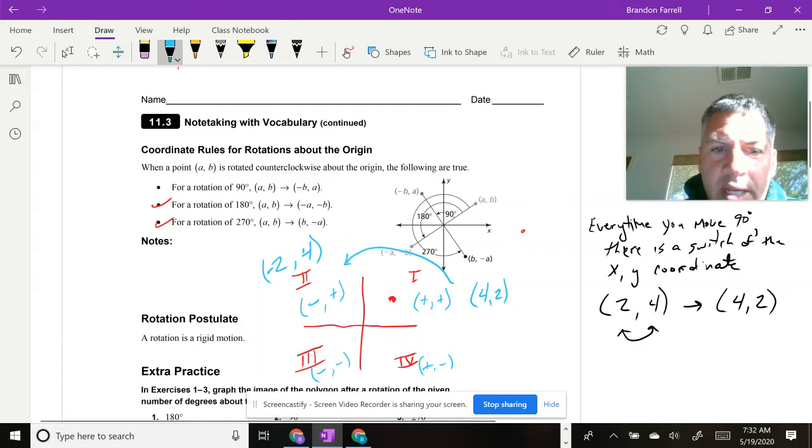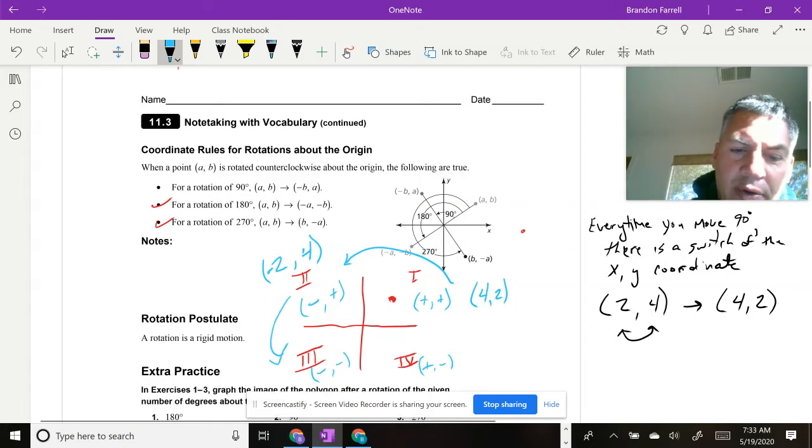this x value is going to be negative. The reason for that is because it's in the second quadrant. So if I start from the first quadrant and go to the second quadrant, we flip the x's and y's, and then we become a negative x value. If I go another 90 degrees, the coordinate is going to be 4, 2, but now I know both coordinates are negative because we're in the third quadrant.